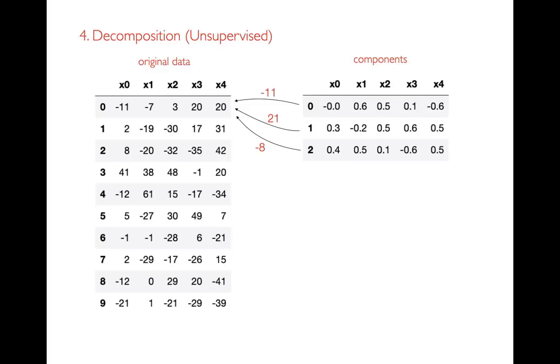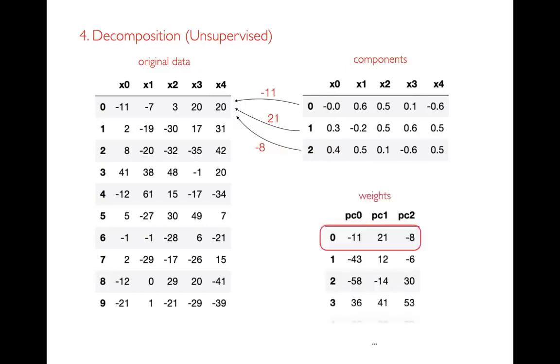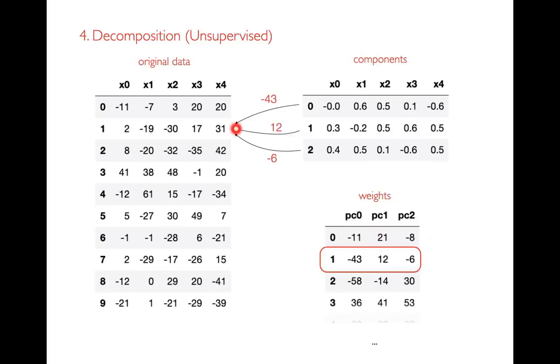So I have that here, and I have these numbers here. What we'll generally do when I'm mixing these components to create a row is put these numbers in another table down here. So this will be a table of all my weights, or maybe my principal component scores. And so I'll put -11 here, 21 here, and then -8 here. And then for this next row down here, I'll do the same thing.